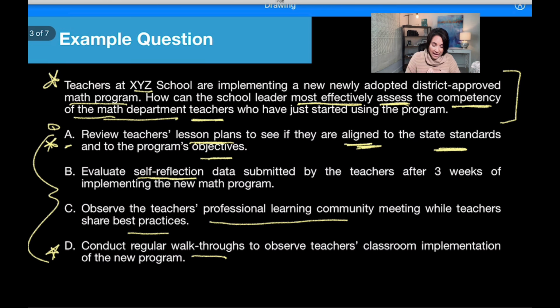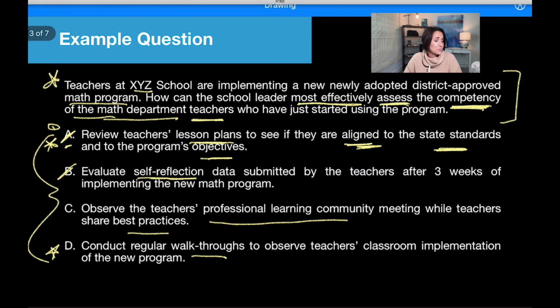Well, does self-reflection data really assess competency? No, self-reflection data reflects how a teacher is feeling. And while that's important, we're looking at the competency of the math department teachers to implement the program, how well they implement the program. And with self-reflection, they may think they're doing a great job.